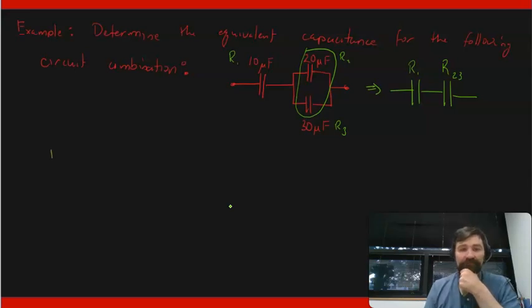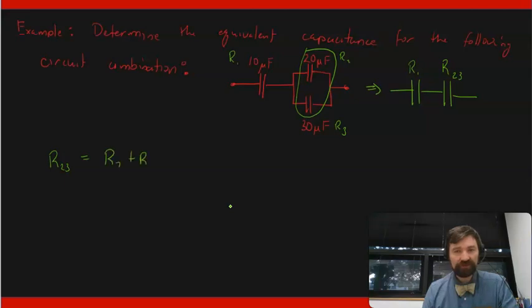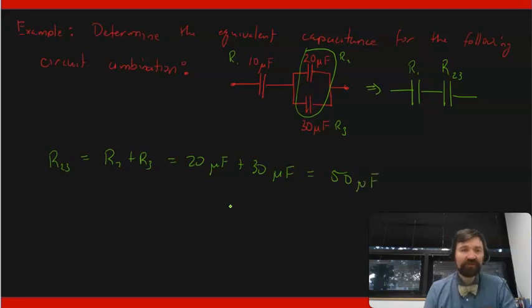Okay, so R23 should just be R2 plus R3, or in other words, 20 microfarads plus 30 microfarads. And so that's 50 microfarads.